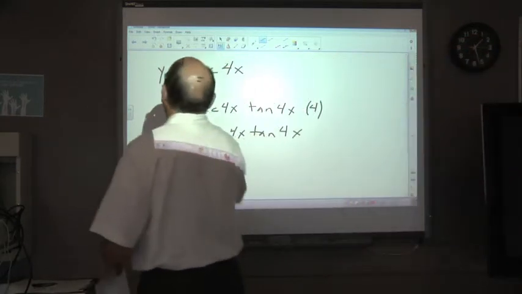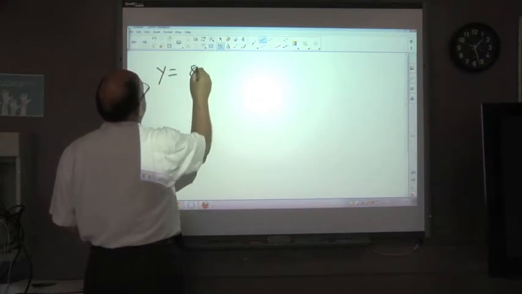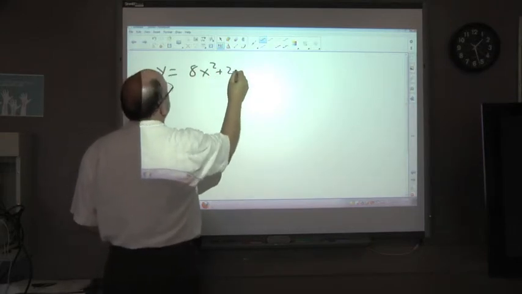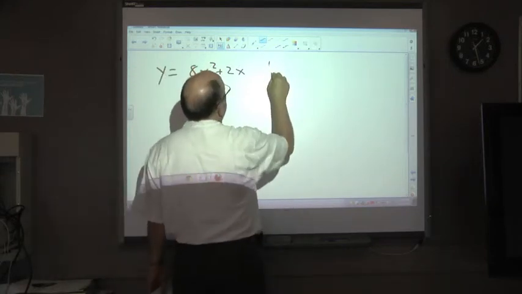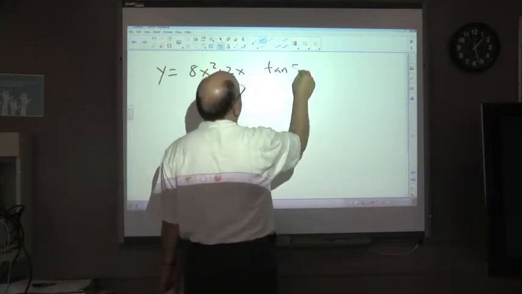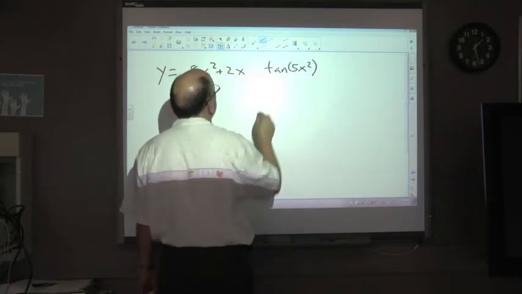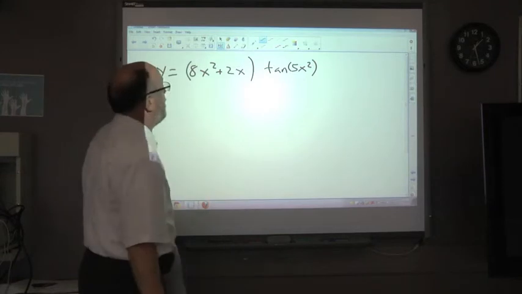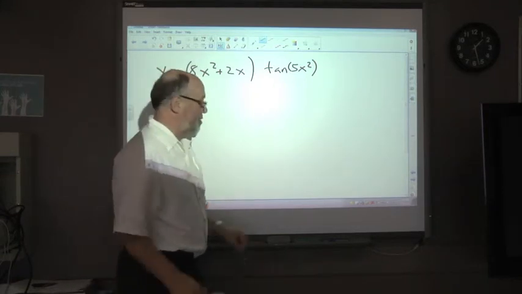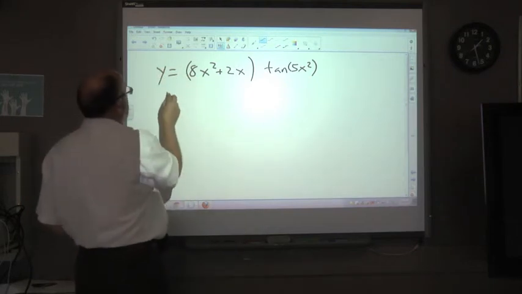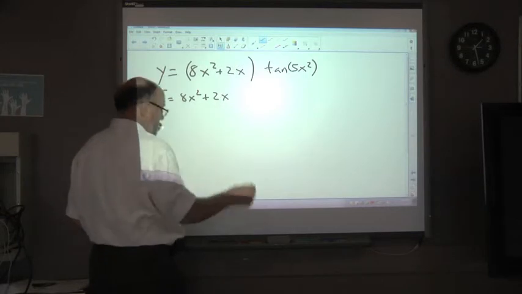So let's look at another example. Let's say now we got something like this: y equals 8x squared plus 2x times the tangent of 5x squared. Okay? Well, I think in terms of my basic rules from the last time, this is a product rule. So let's call the first part f, 8x squared plus 2x.